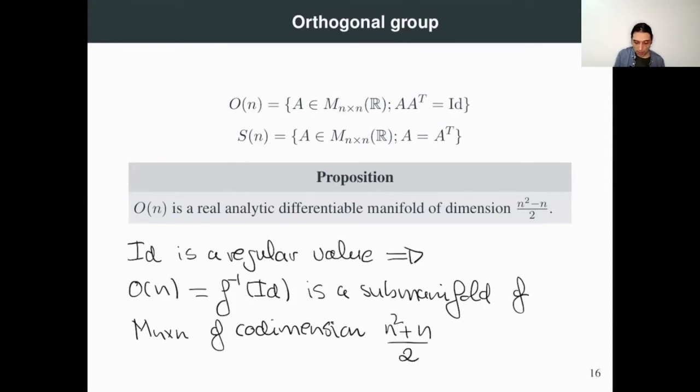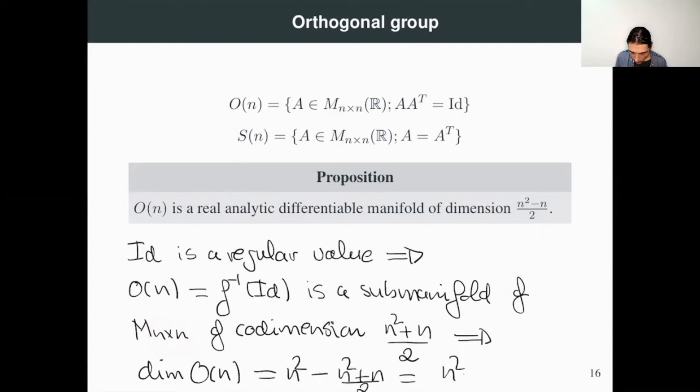Since the dimension of the set of square matrices of dimension n is n squared, that implies that the dimension of the orthogonal group is going to be n squared minus (n squared plus n) divided by 2, and that's (n squared minus n) divided by 2, which is exactly what we get in here.